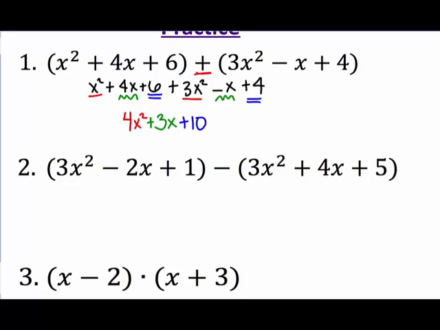So this is my final answer for number 1, the adding practice problem. 4x squared plus 3x plus 10.